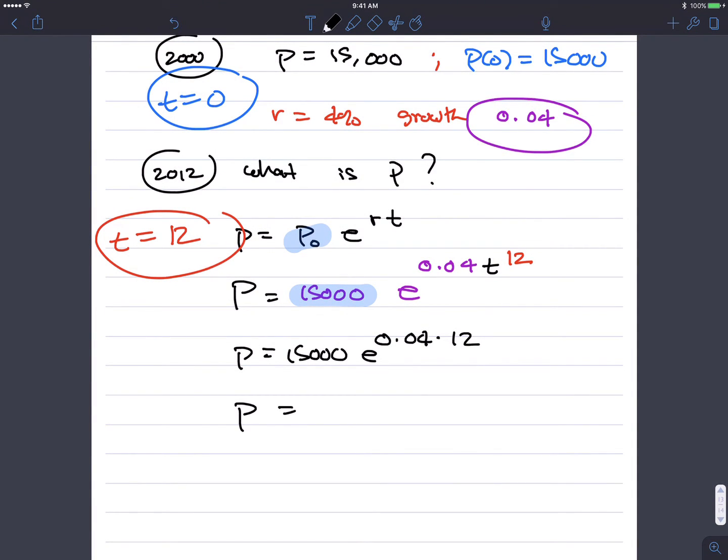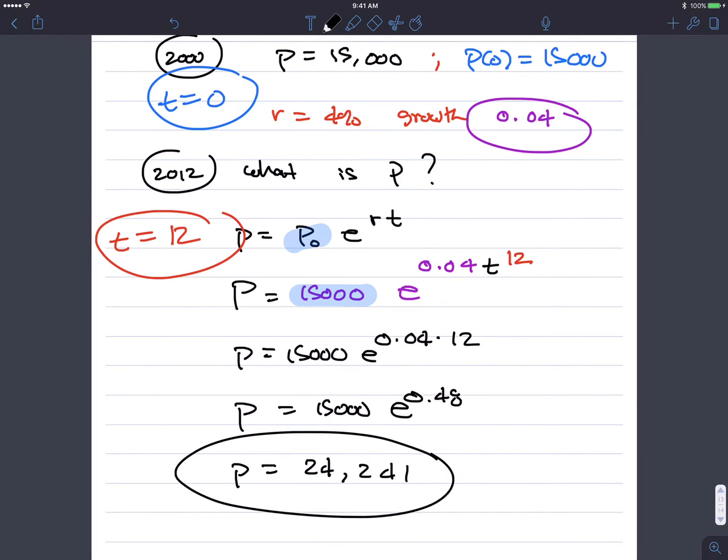P will be, well, what's 0.04 times 12? 0.48. Hold on, I put 0.28, but it's 0.04 times 12 years, which is 0.48. So 15,000 e to the 0.48 gives approximately 24,241 students.